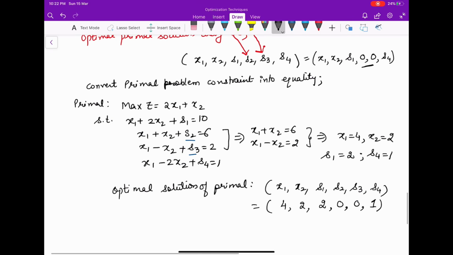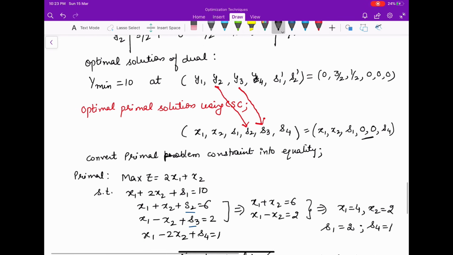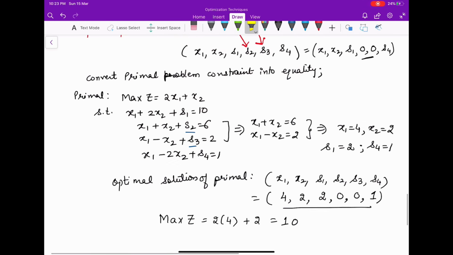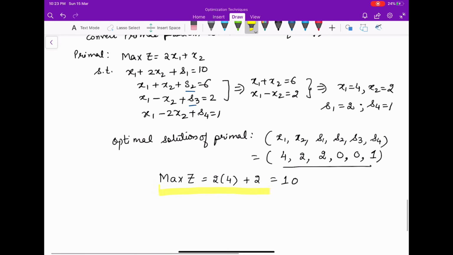And we can substitute this value in the objective function to get the maximum of z. So the maximum of z is 2 times 4 plus 2, and that is 10. And this optimal value 10 is the same as what we have already obtained, y minimum, they both are the same.